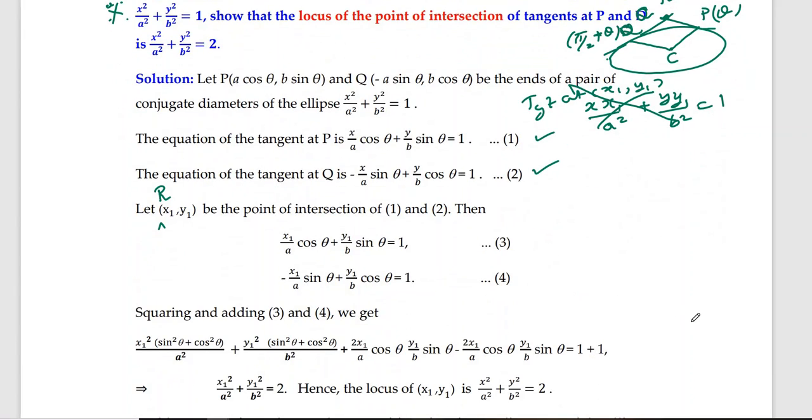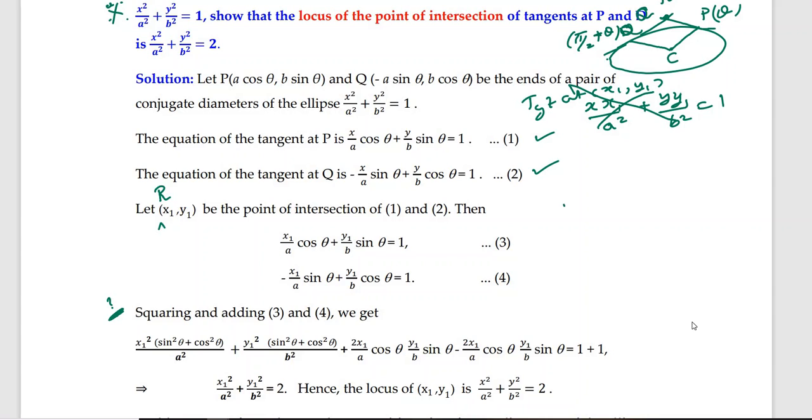Now what we are going to do, this is the technique to be remembered in this case, because up to this it will come as such. The flow is very easy, but here this technique is to be remembered. We are going to square and add 3 and 4. So when we do so, what happens?